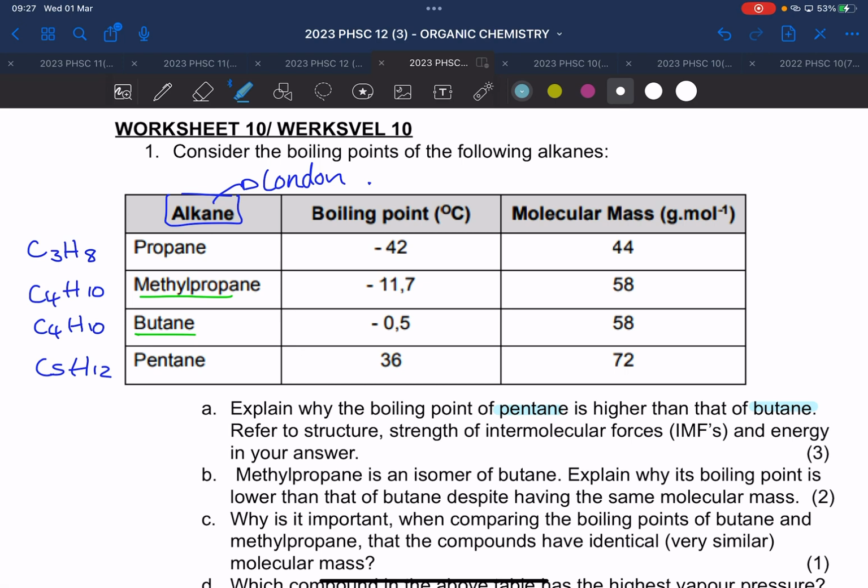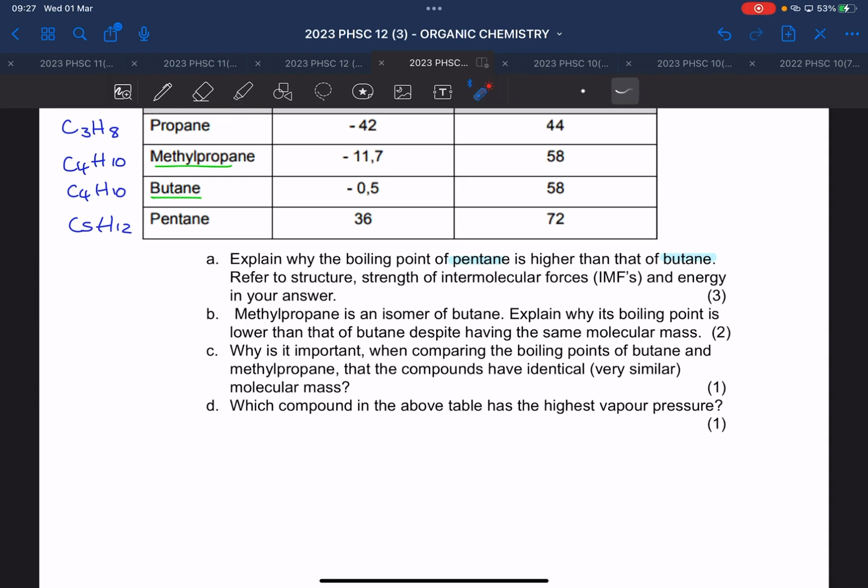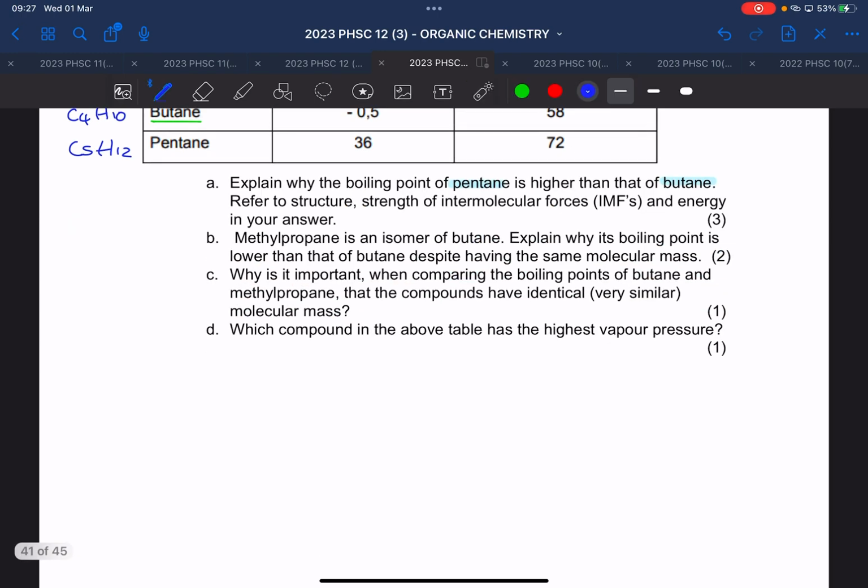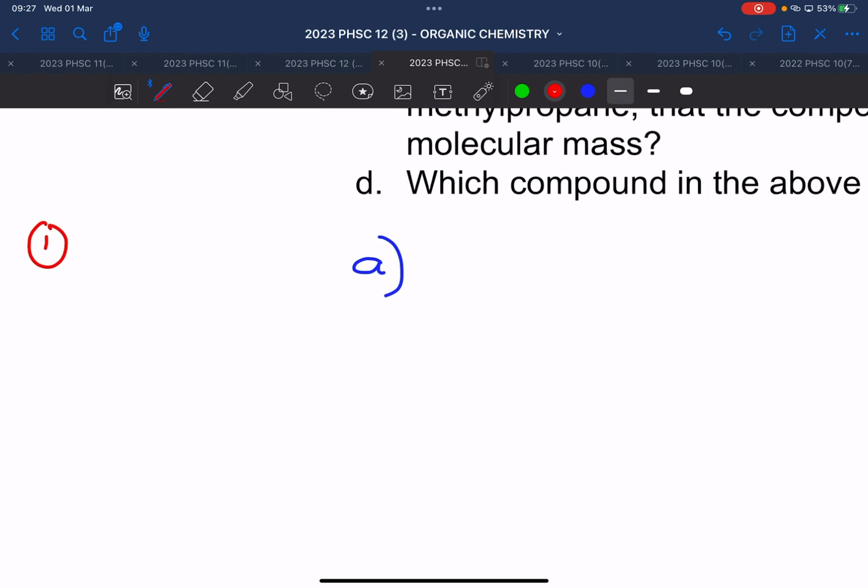Now they're not going to say that to you like this in matric. You have to know that you must give those points, those 3 points. So we are at 1A. Now I just quickly want to recap the points that we want to touch on. The first point that we must touch on is always the obvious difference between butane and pentane. What is the difference?